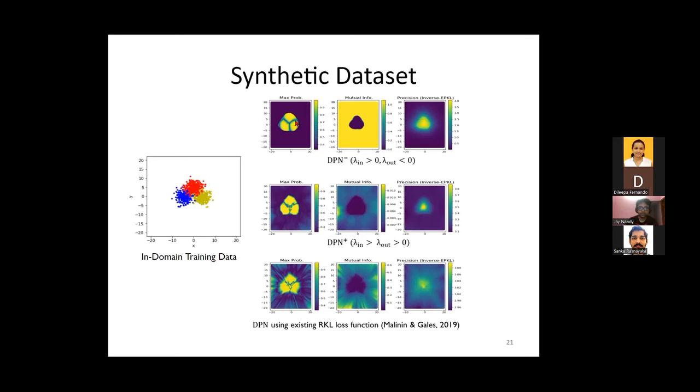So we cannot distinguish something falling in this middle point from something falling here. And this is the representation when we train our model with our proposed specification.